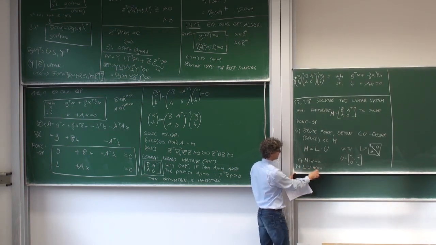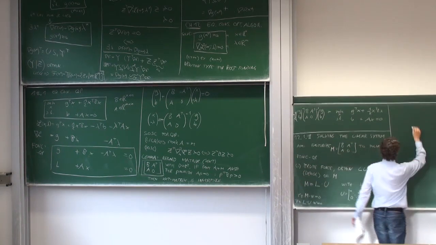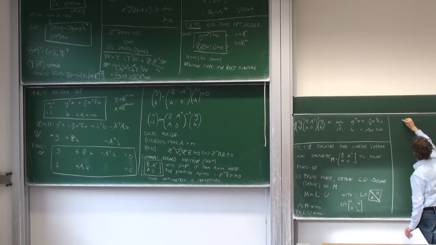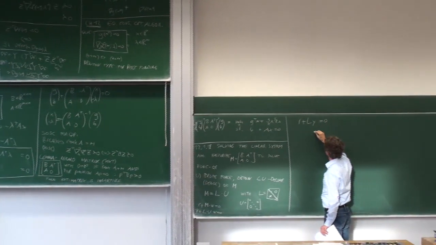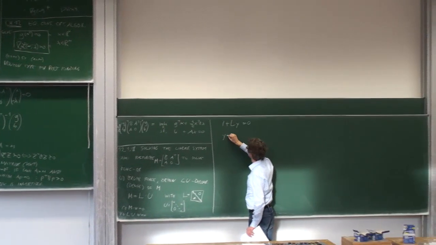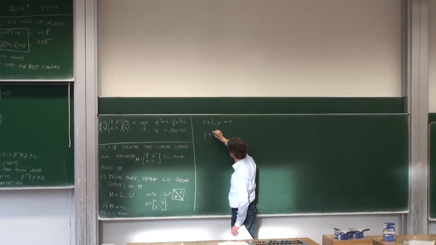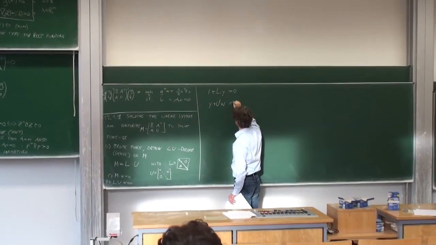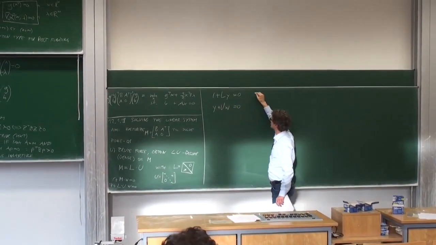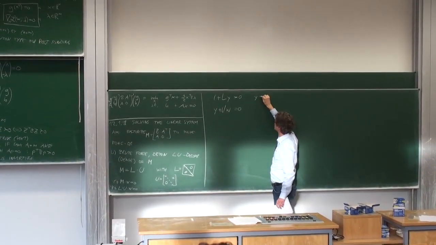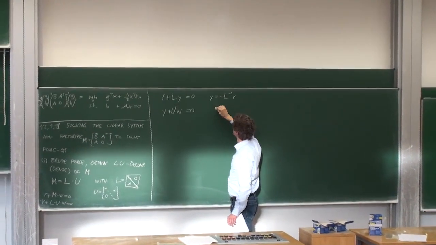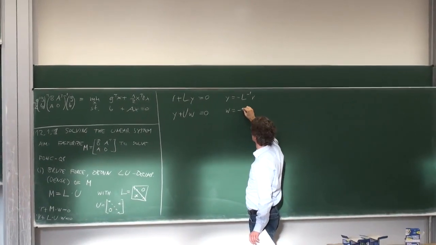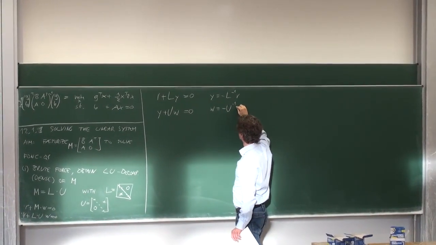You can first obtain a Y. So you first say R plus L Y is equal to 0, and then afterwards you have another equation which says Y plus UW is equal to 0. And of course this means Y is equal to minus L to the minus 1 R, and here W is equal to minus U to the minus 1 Y.